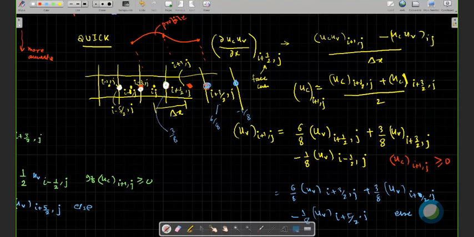So I plus half will get 6 by 8 weight, and I minus half will get 1 by 8 weight.